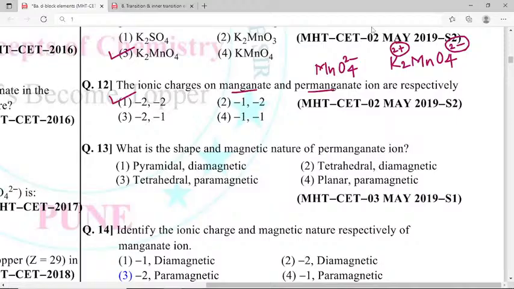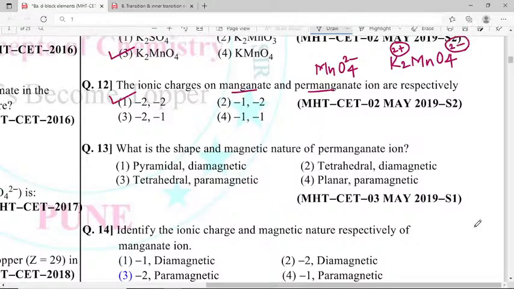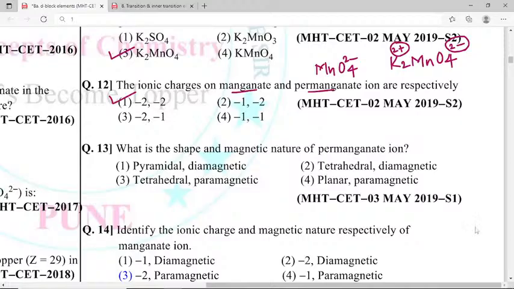What is the shape and the magnetic nature of the manganate ion? The ion is MnO4 2 minus. There is one unpaired electron, so it is paramagnetic. Permanganate MnO4 minus has no unpaired electron, so it is diamagnetic. So option number 3 and option number 4 are incorrect.